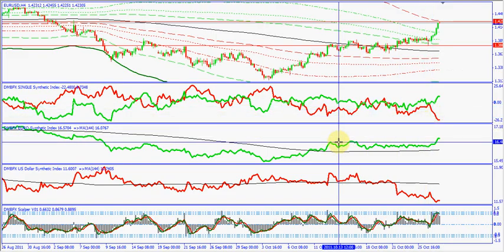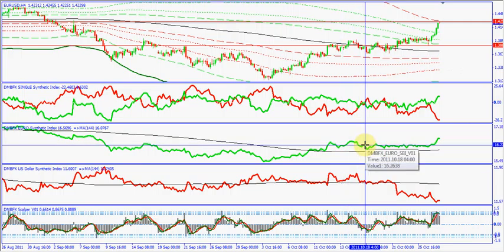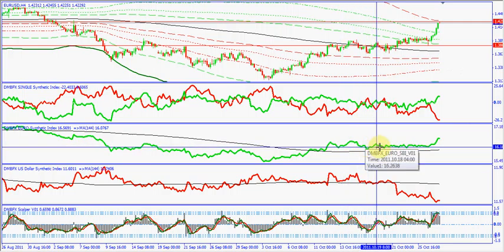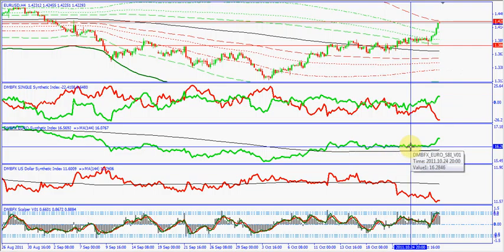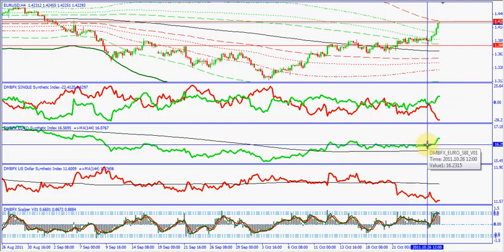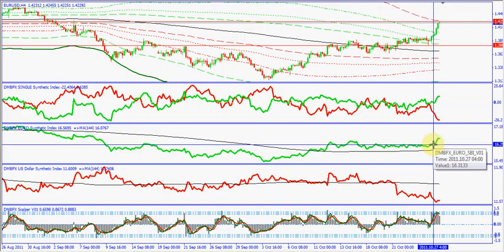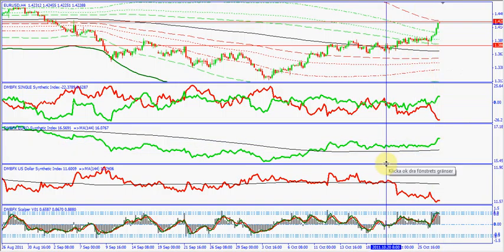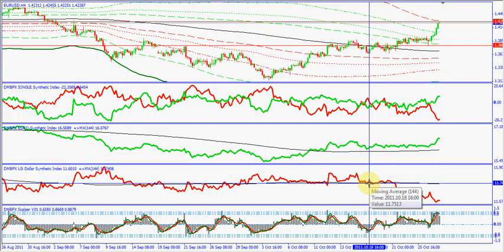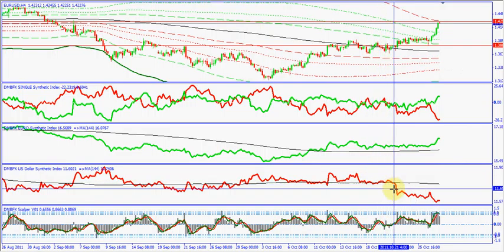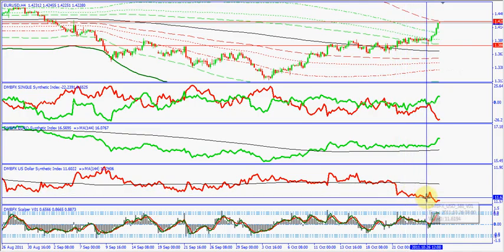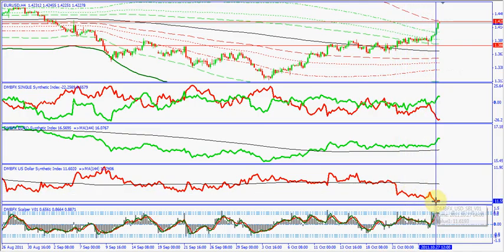If we have a look at the long-term moving average for both, the euro is still above its long-term moving average and had a bit of a push today as well. Pretty different scenario for the US dollar, though. It was kind of level here.